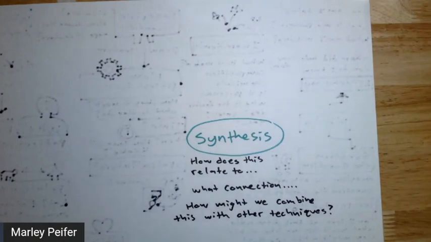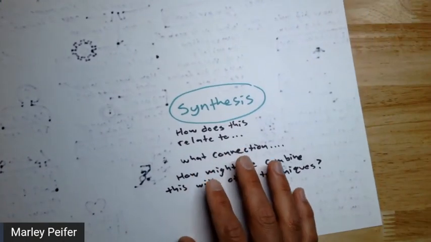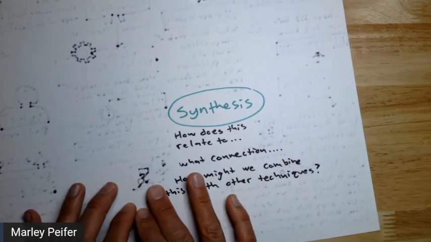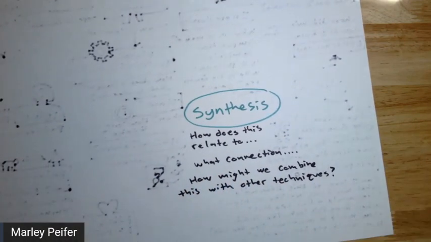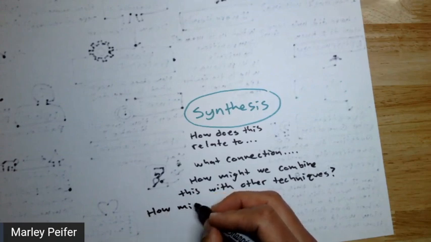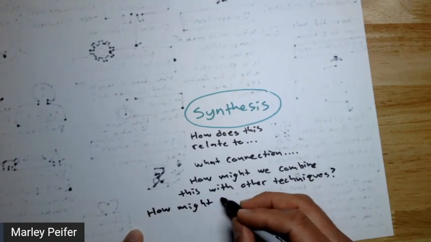So this is a synthesis question because you're synthesizing nature journaling with illustration. How might this apply to my nature journaling? If you look at a sign at a park, how might this apply?